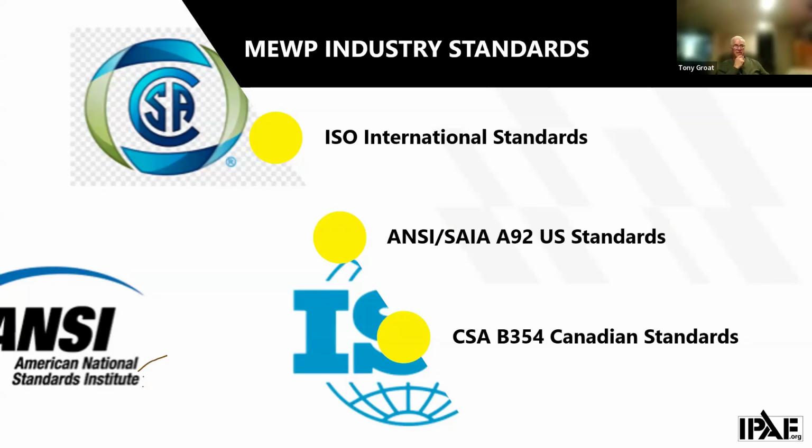In the US, we have the ANSI SAIA A92 suite of standards, and in Canada, we have the CSA B354 Canadian standards. All of these standards are relatively developed in line with one another.